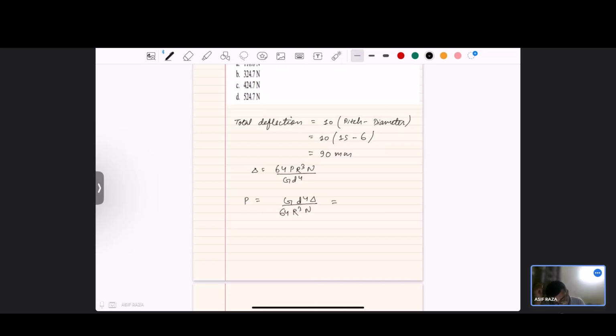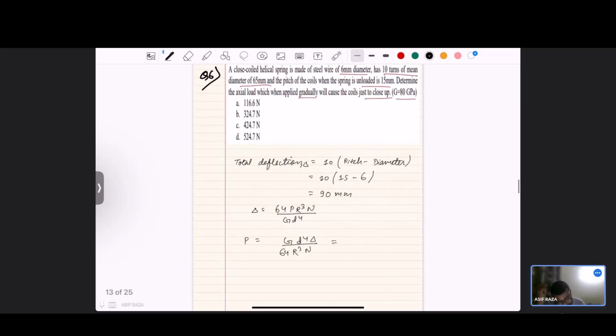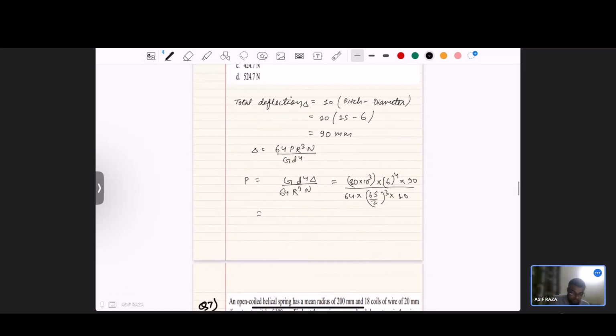Yeah, let's substitute. G is given as 80, this is 80 into 10 power 3. d is 6 to the power 4, delta is given as 90, 64 R cube, 65 by 2 cube, number of turns is given as 10. Let's calculate this. That's all, it will give the answer.